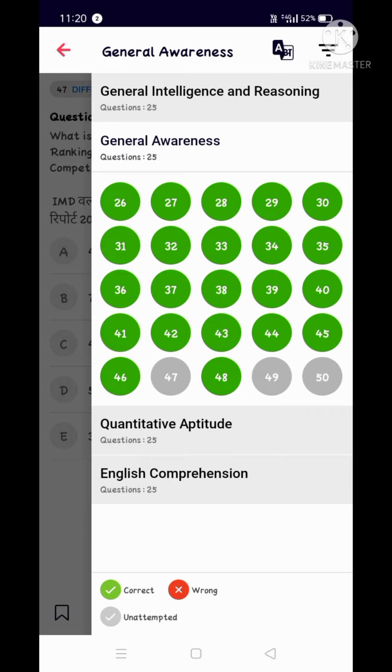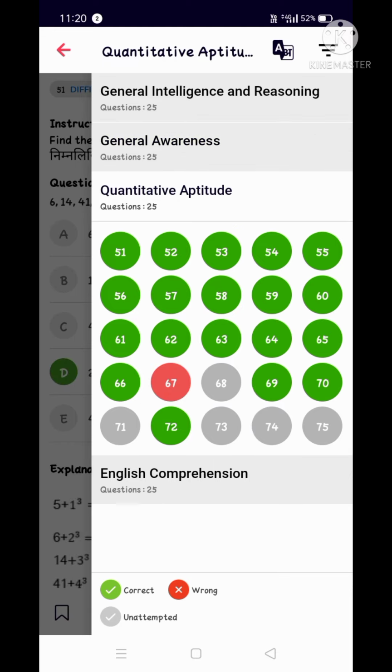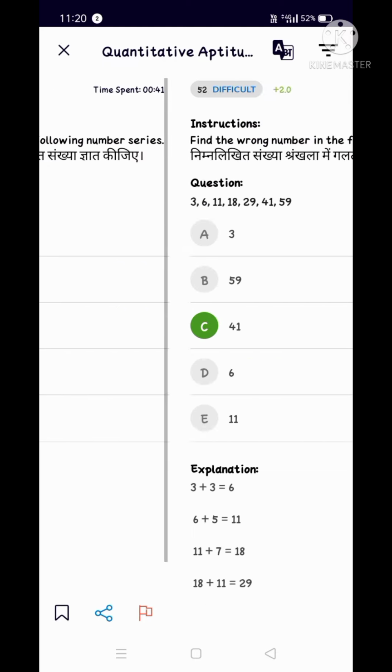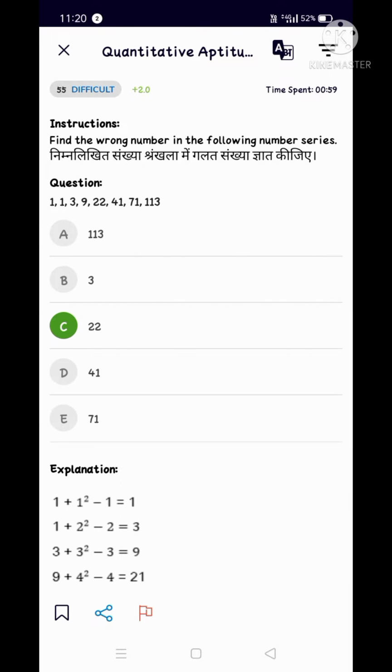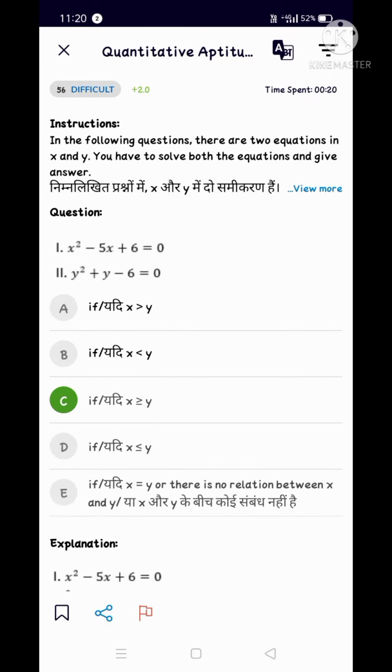And in the quantitative aptitude portion, you see 5 questions come from missing number series. Next, so easy, some quadratic equations asked here.